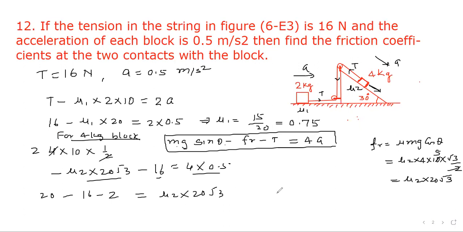So mu2 will be equal to 2 upon 20 root 3. So 1 upon 10 root 3. We can evaluate it by putting the value of root 3 as 1.732. So it will become 1 upon 17.32, which is nearly 0.06. And that is our answer.